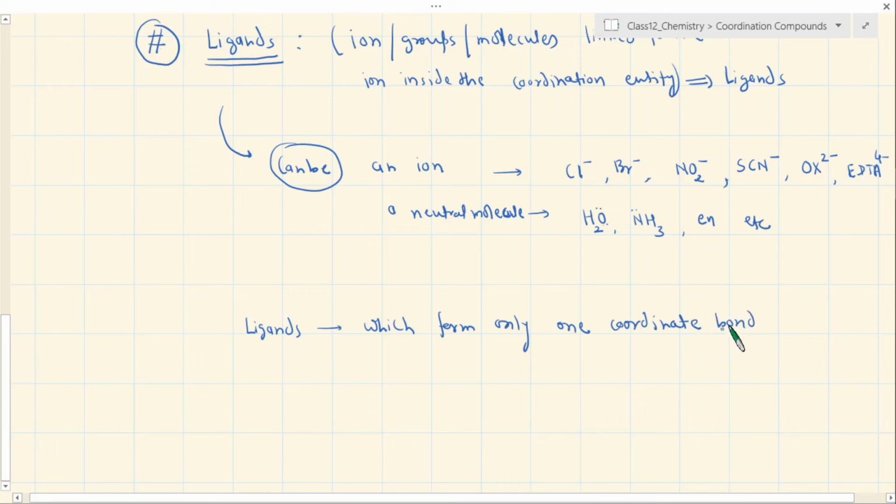I'm already using the term bond, which is supposed to be used later, but let's say coordinate linkage with the central metal atom or ion. They are referred to as unidentate.